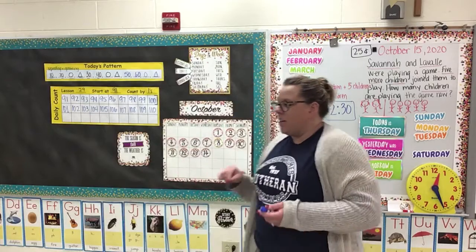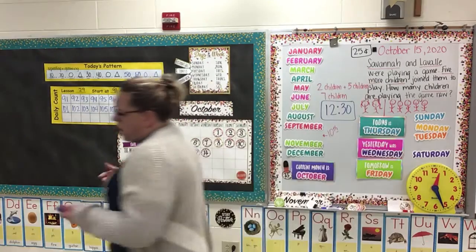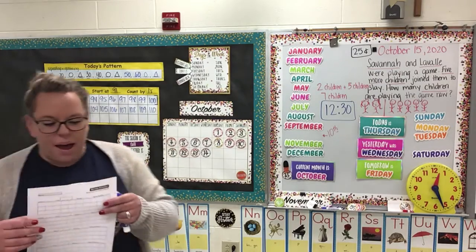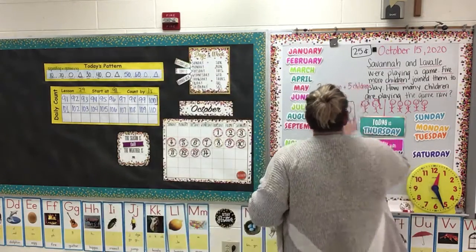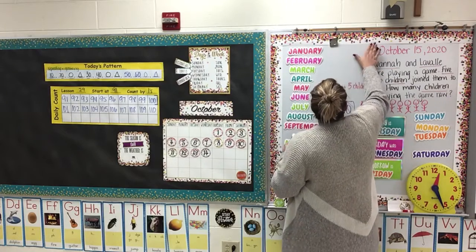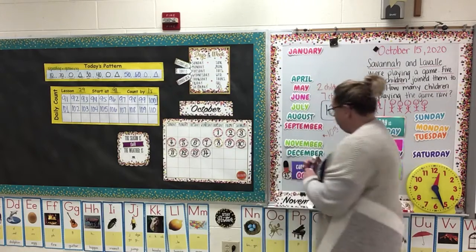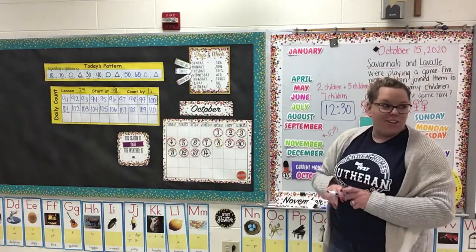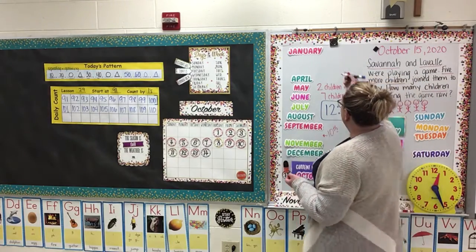Also on your sheet, you have a spot at the top next to where it says the time. You have a spot for money. And today we are starting our look at money. So, I am going to draw out some money for you, and you're going to tell me how much it is.